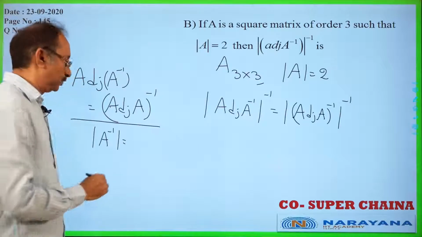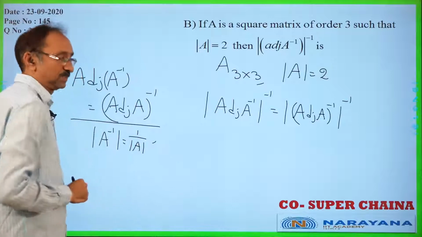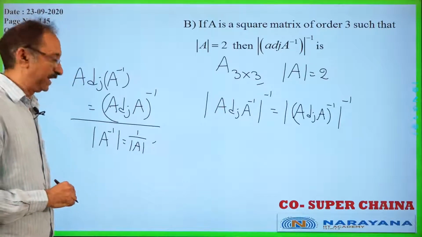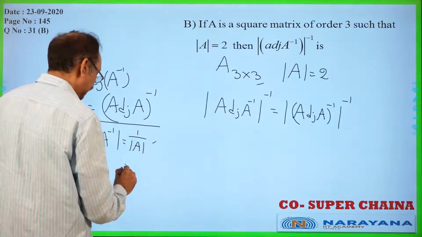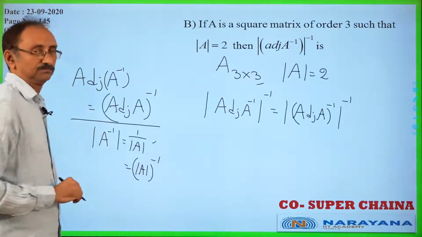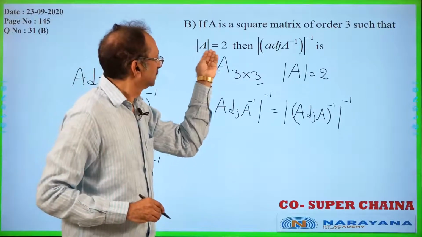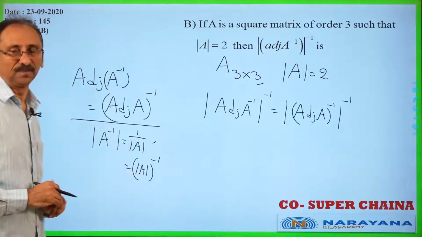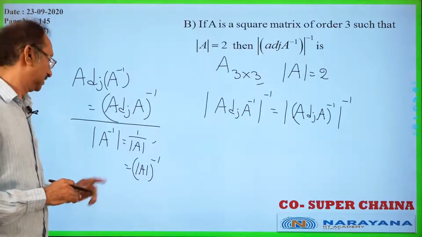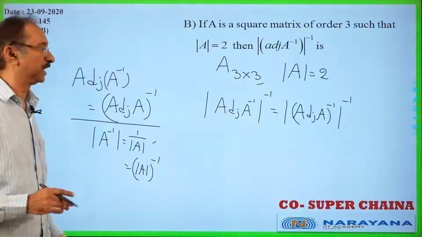What is det A inverse? It is 1 by det A, that is equal to det A power minus 1. The inverse exists, because det A is equal to 2, a non-singular matrix, so the inverse definitely exists.